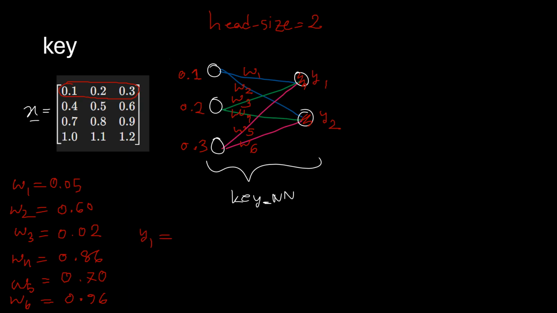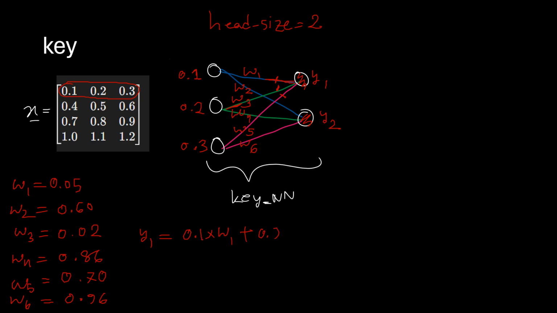So let's calculate y1. To calculate y1, you can see y1 is connected with 3 edges. This one, and this one. So 0.1 coming through weight 1 to y1. So 0.1 times w1 plus 0.2 is coming through this edge w3 into y1.